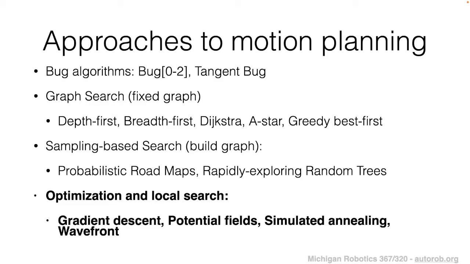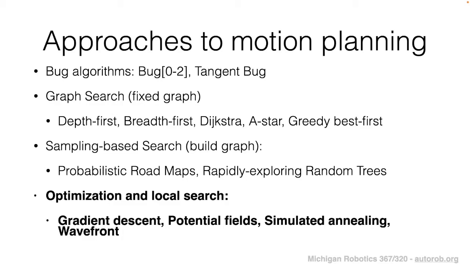We looked at probabilistic roadmaps and rapidly exploring random trees as ways in which you could apply these sampling techniques to construct roadmaps or trees within configuration space and then use those constructed data structures to approach the problem of motion planning.